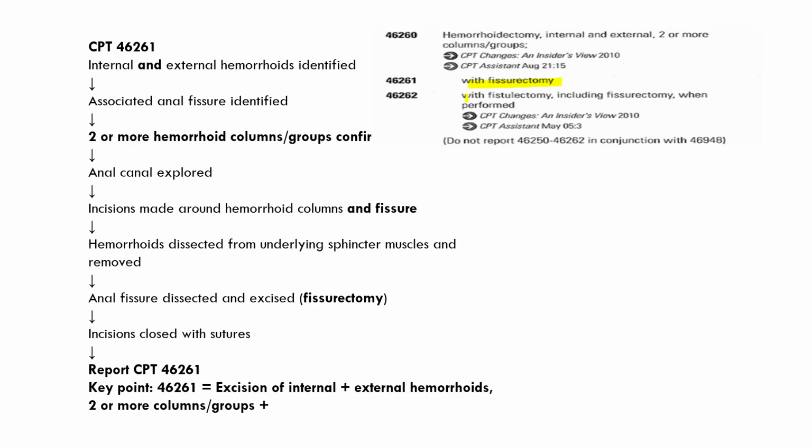Next for 46262 he is going to perform the fistulectomy, with fissurectomy included also. Here are the keywords you need to know, then it will be easy for you to identify any procedure. So two or more hemorrhoid columns is the keyword, and he will do fissurectomy. In that case you can report 46261 for two or more columns or groups of both internal and external hemorrhoids.